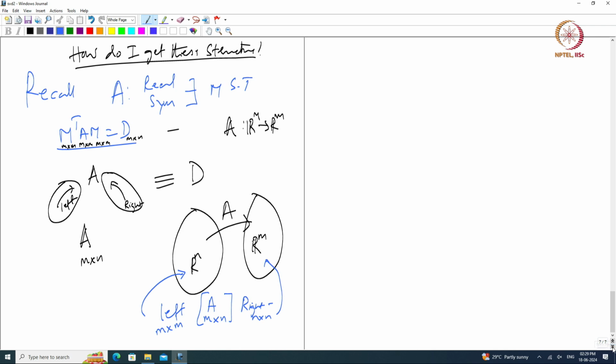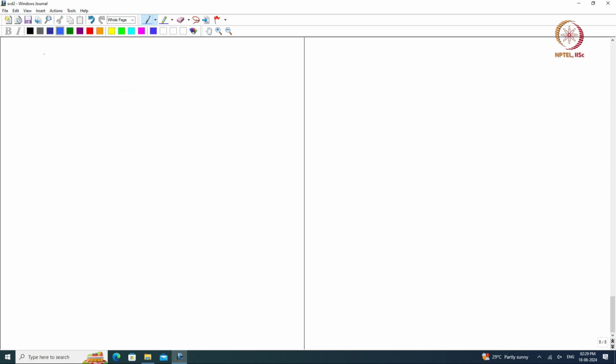Further, I need the following. What do I need? When I had A, which was real symmetric, M transpose A M gave me the diagonal form.